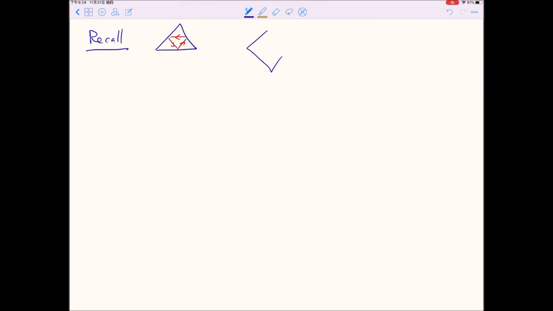Then a flip will correspond to quiver mutations. Right, it's the same as mutating in this vertex. So flip equals quiver mutations.